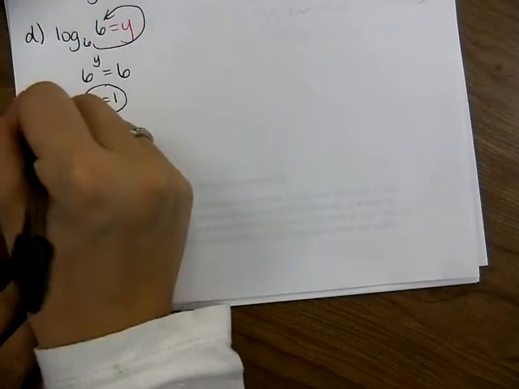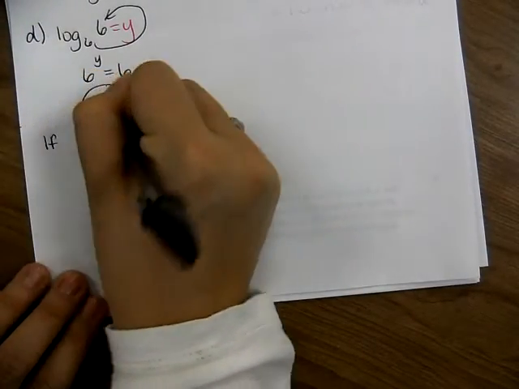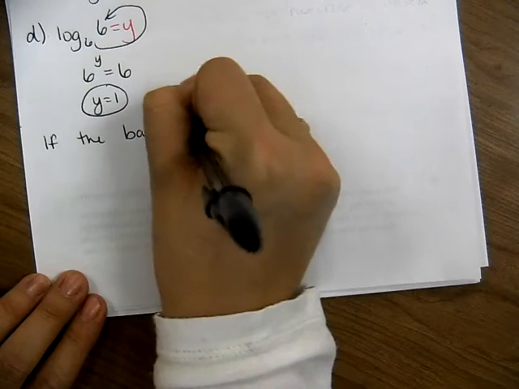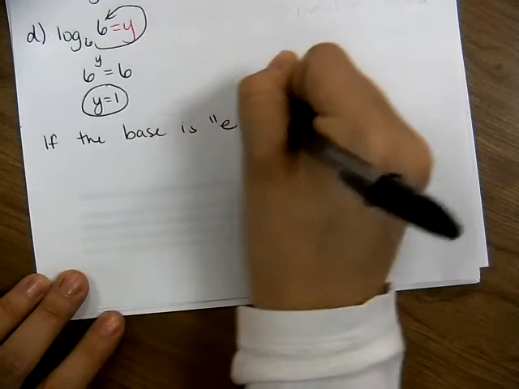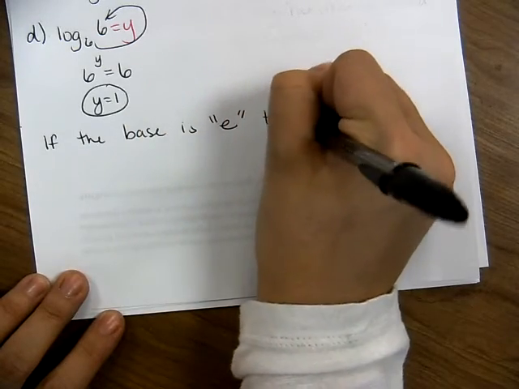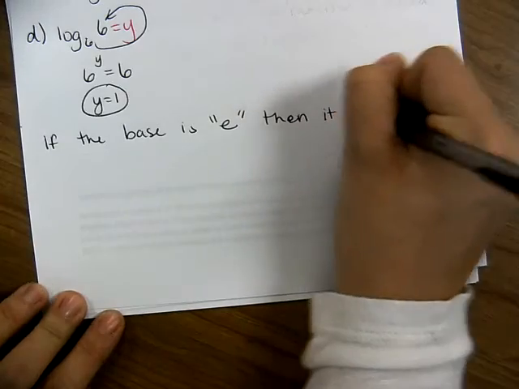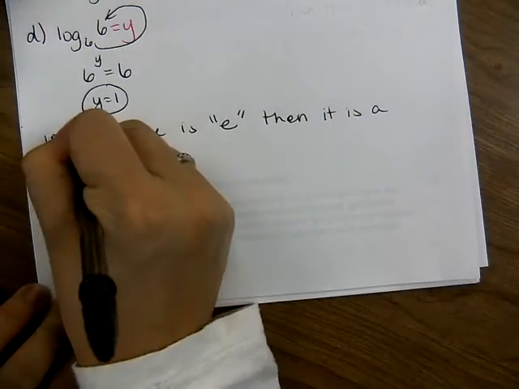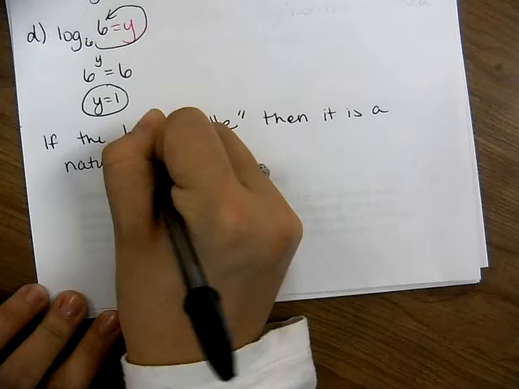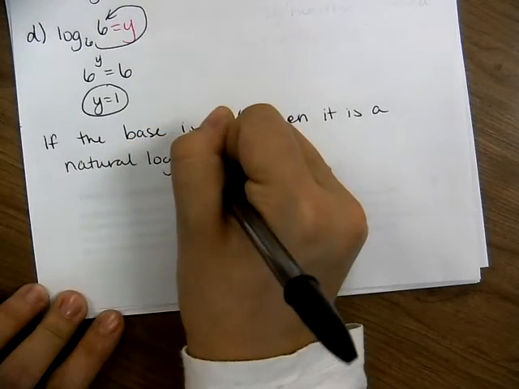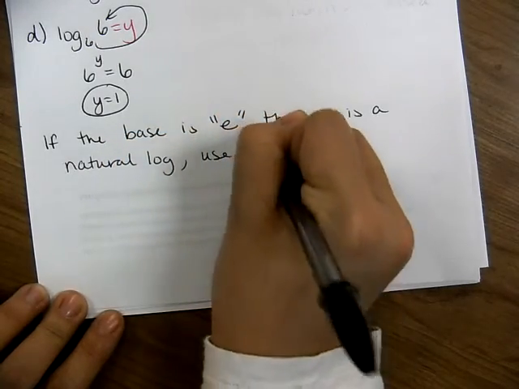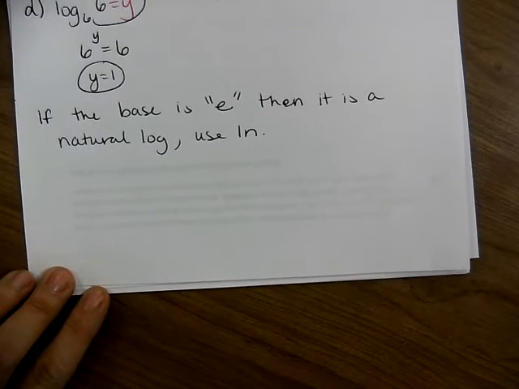We're still going to talk about the same thing, but if the base is e, then it is a natural log, which we write as ln. Okay, so that button is on your calculator.